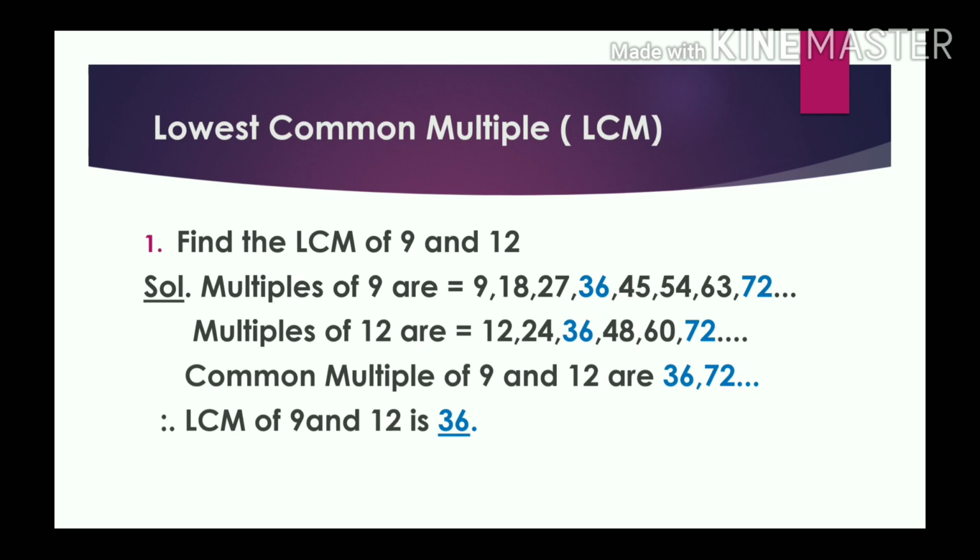So the common multiples of 9 and 12 are 36 and 72. But we have to find the lowest common multiple. Therefore, the LCM of 9 and 12 is 36, because 36 is the lowest of these common multiples.